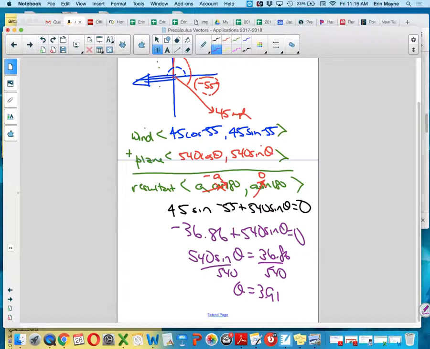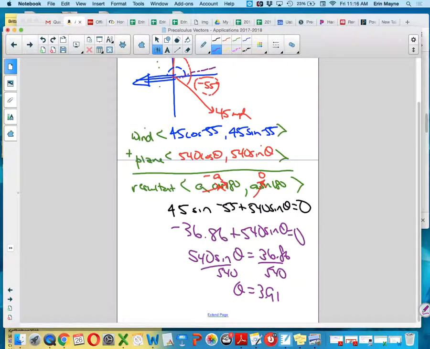Now this goes back to the earlier conversation about making a decision based on the logic of the vectors. You get an answer that is 3.91, which is here. And yet, why can I not let that be the answer? Because my resultant has to be going due west.